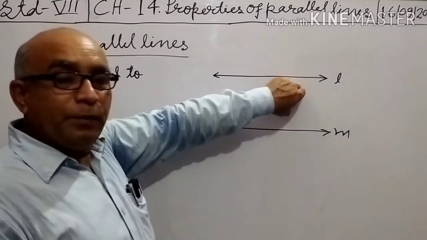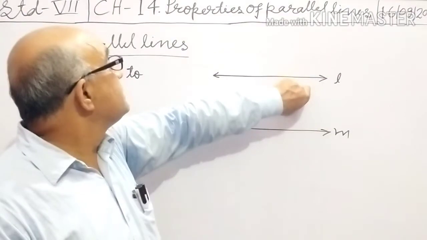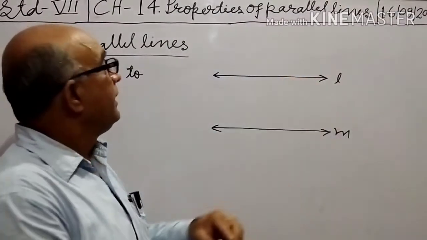The distance between two parallel lines is equal everywhere.